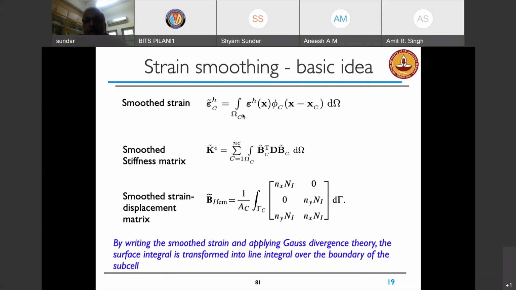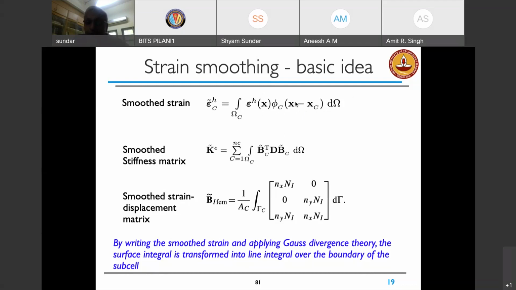So interestingly, what happens is that if the weighting function is a constant function, and when we use the Gauss divergence theorem, the derivative that is there on the strain field gets transformed to the weighting function. That becomes the domain integral.